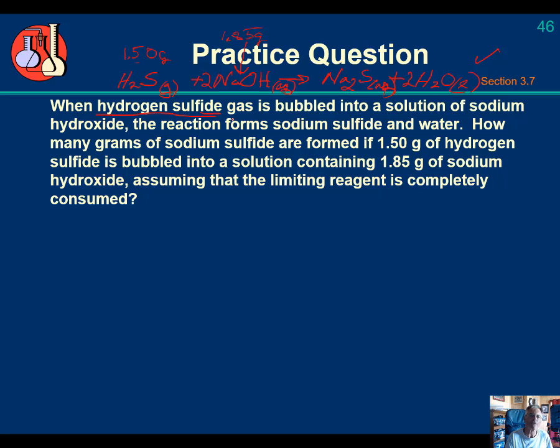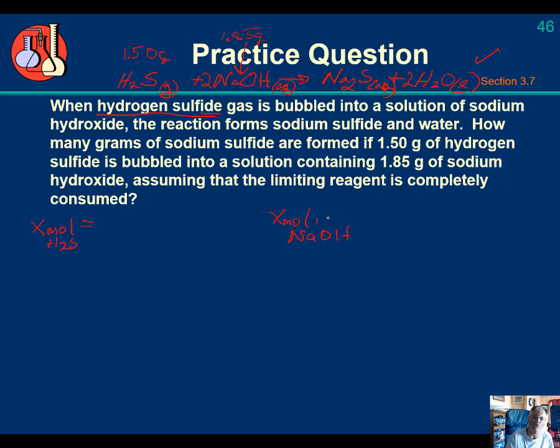So the first thing I need to do is I need to convert grams to moles, all right? So I want to figure out how many moles of H2S that I have, and I'll put it over here, I want to figure out how many moles of sodium hydroxide that I have.